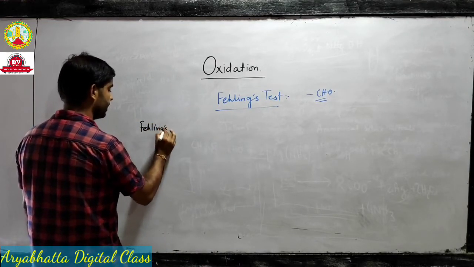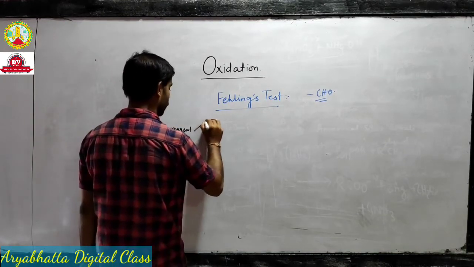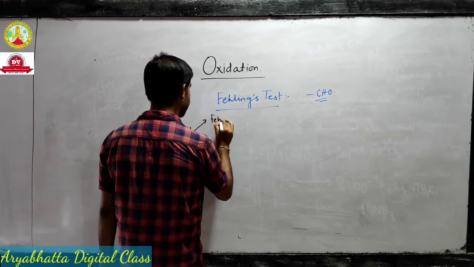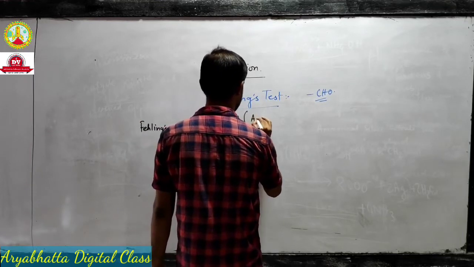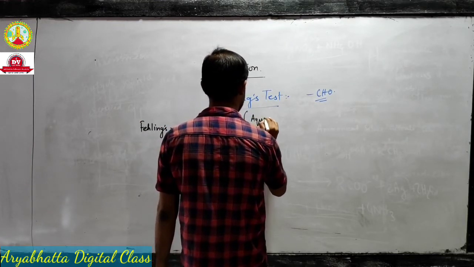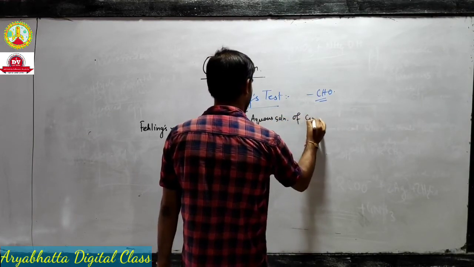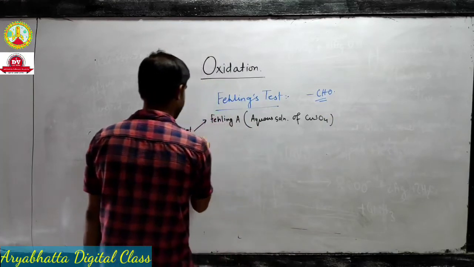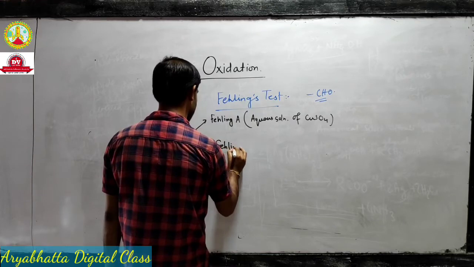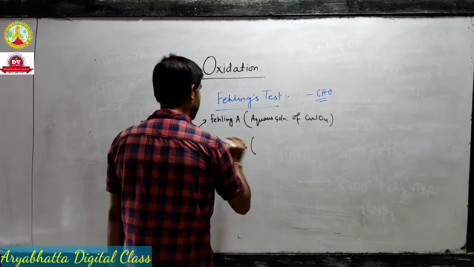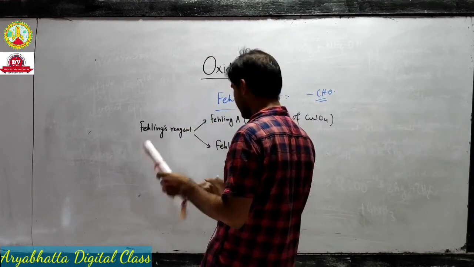Fehling's reagent is actually a combination of two things. One is called Fehling A, which is an aqueous solution of copper sulfate, and another is called Fehling B, which is an alkaline solution.